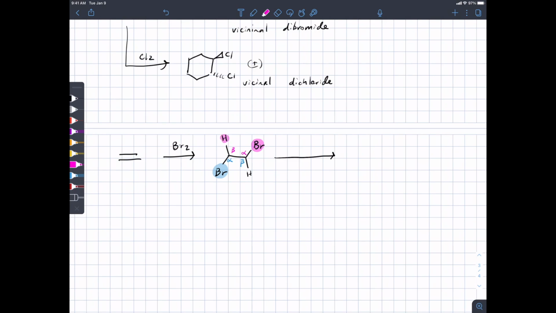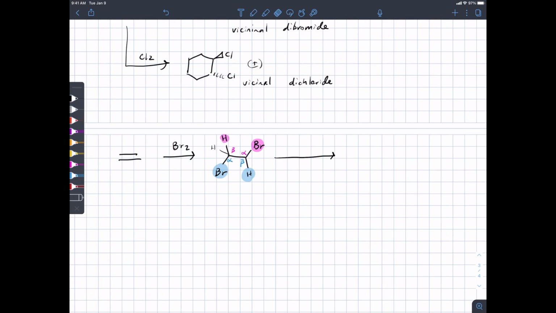Do you see how both of these have protons beta to the bromide? So this is a situation where you could potentially do an E2 reaction, right? You have a proton anti to the leaving group, you can do elimination chemistry. Now, I haven't drawn them anti to each other at this stage, but you should be able to rotate freely around this carbon-carbon bond in order to get each of these beta protons anti to the leaving groups.